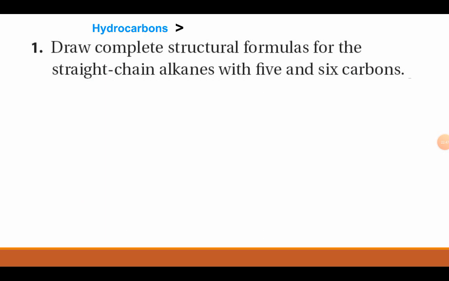Now draw a complete structural formula for the straight chain alkane with 5 and 6 carbons. Please pause the video and try to do it alone, because I will do it now. Look here, you want 5 carbons, so it's 1, 2, 3, 4, 5. It's easy. I told you that each carbon is surrounded by 4 bonds.